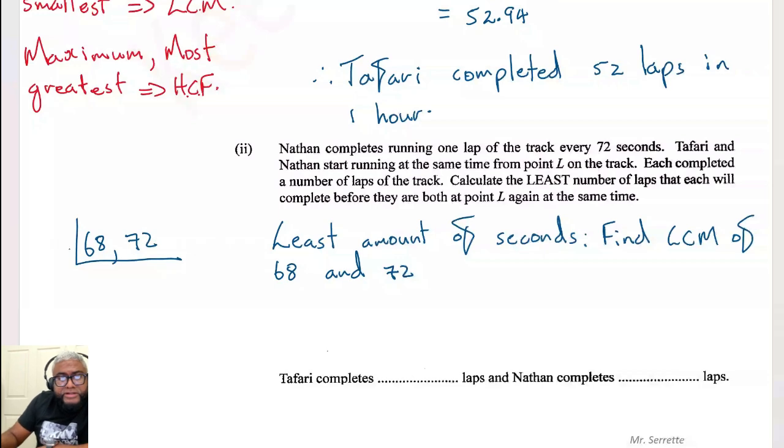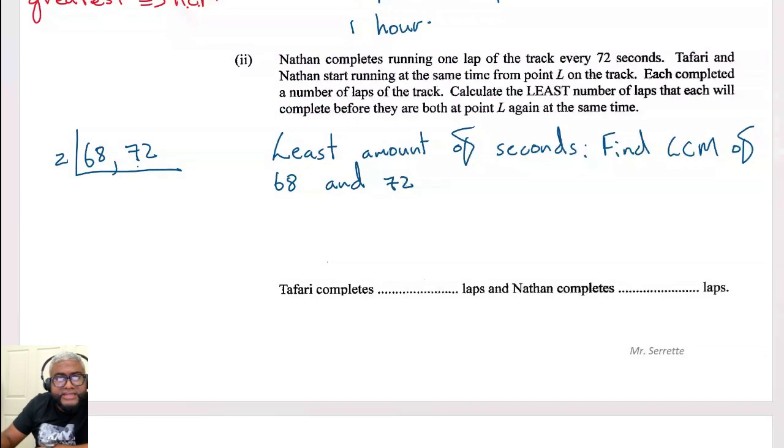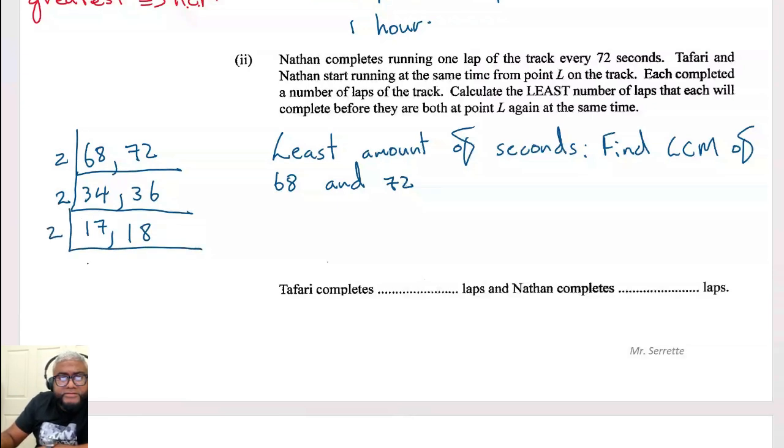68, 72. So you'll have 2. 2 into 68 is 34. 2 into 72 would be 36. Use 2 again. 2 into 34 would be 17 and 2 into 36 would be 18. You can use 2 again.